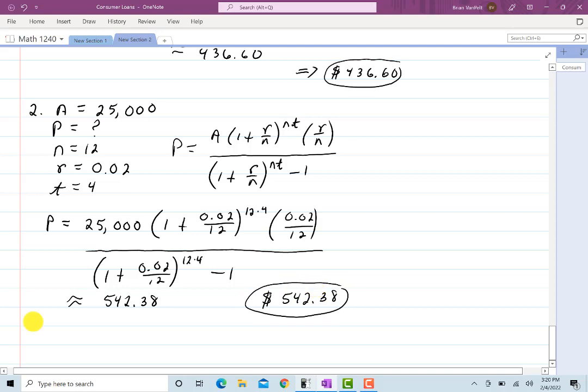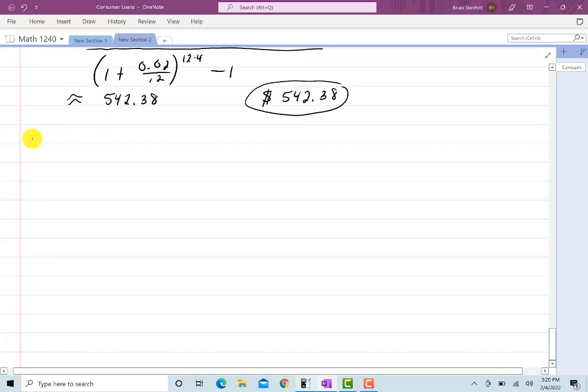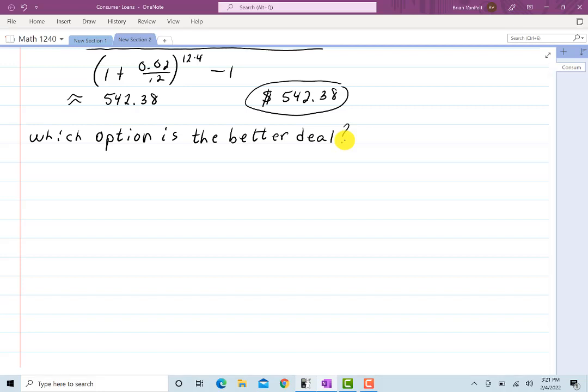Now, of these two, which is the better deal? What exactly do I mean by the better deal? The better deal is the one that costs less overall.